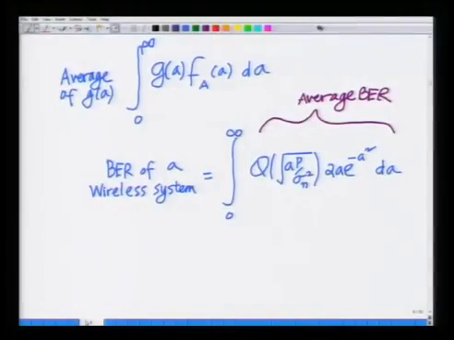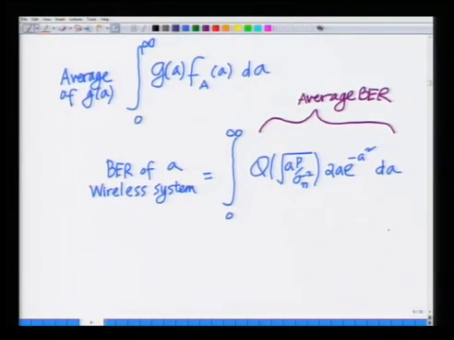The correct thing to do is to take this expression for bit error rate, which is a function of a, the random quantity, and average it over the distribution of a, and that is what we did in the last lecture.